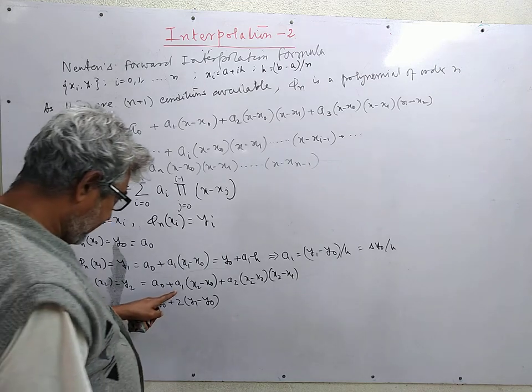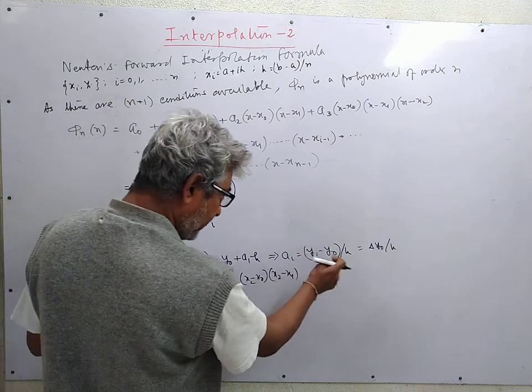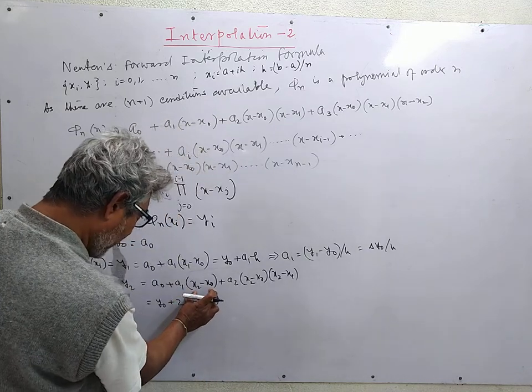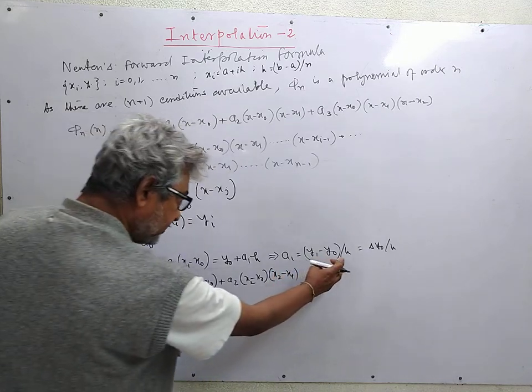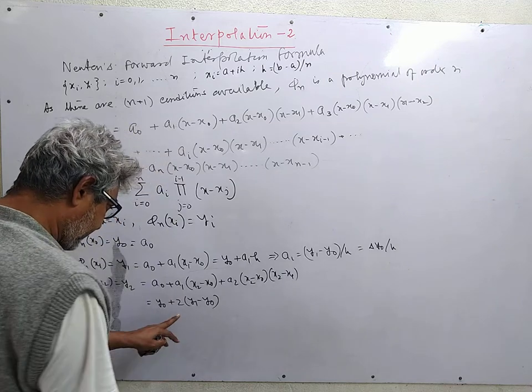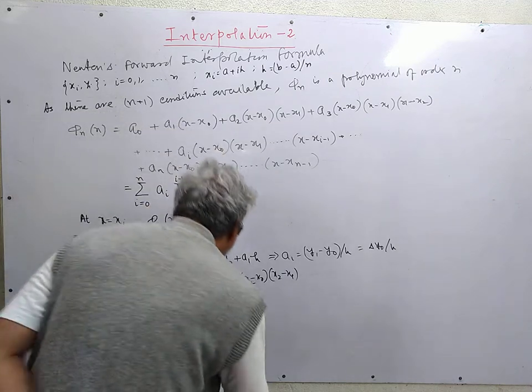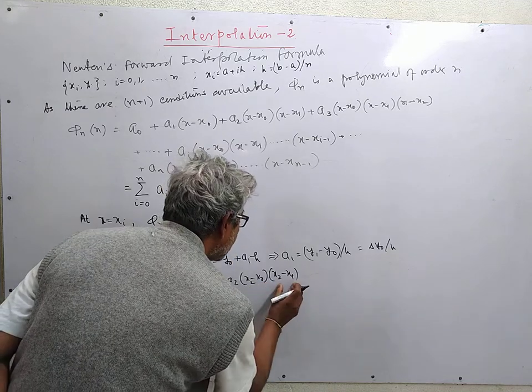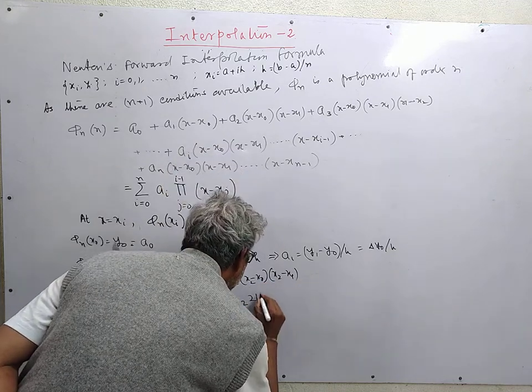Now again let me explain. a1 is y1 minus y0 by h, and this much is twice h, so the h in the denominator gets cancelled, and this is a 2 factor. And for this part we have a2, this is 2h, and this is h, 2h square.